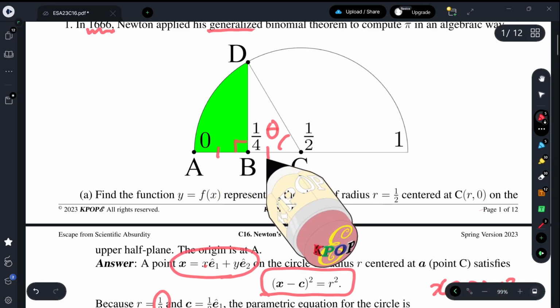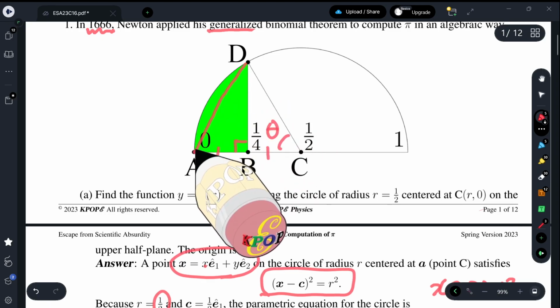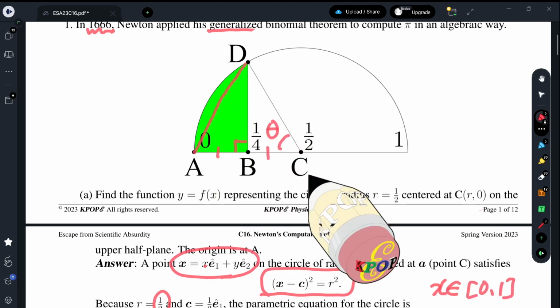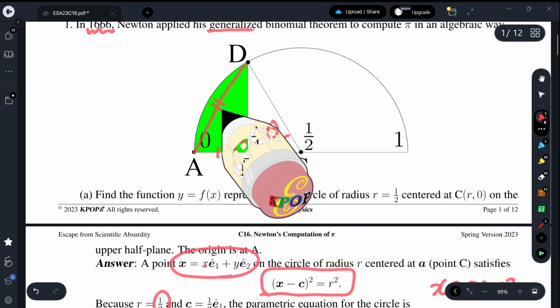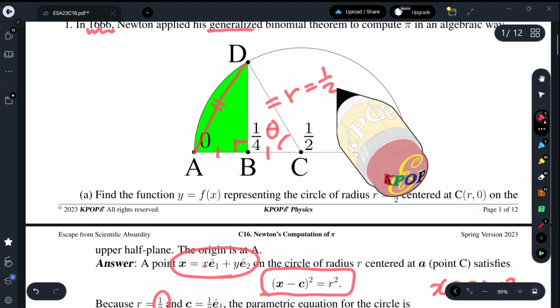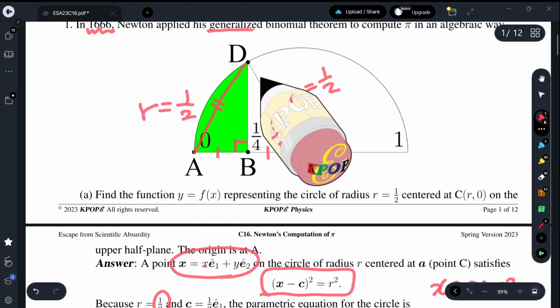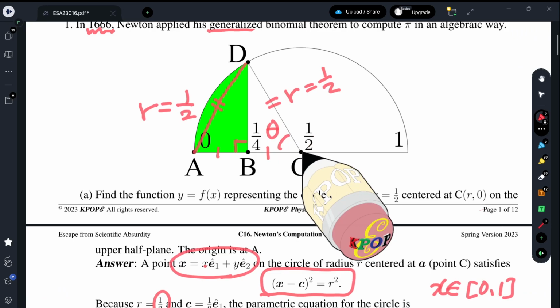So this triangle is an isosceles triangle. Therefore, this is the same as this, and this is r equals 1/2. So we also have 1/2 equals r. These two sides are identical to each other.